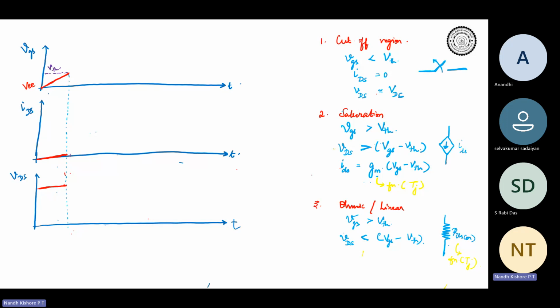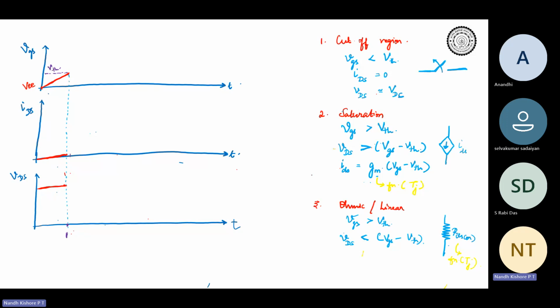So consider this initial condition. Till this point, I'm calling this interval 1.